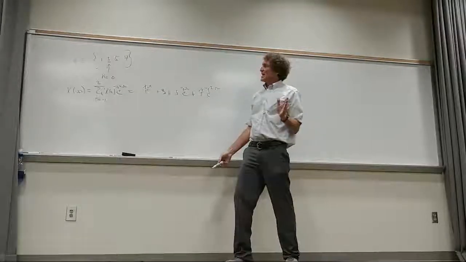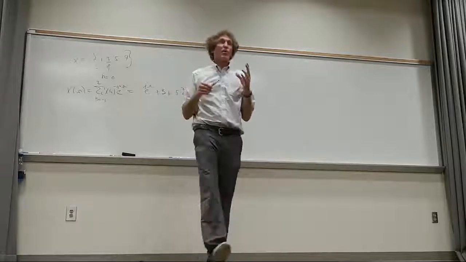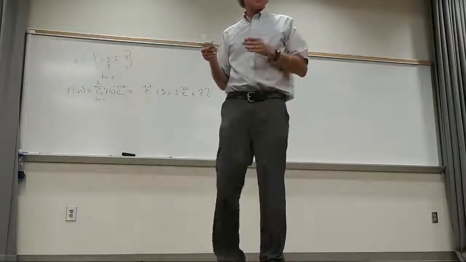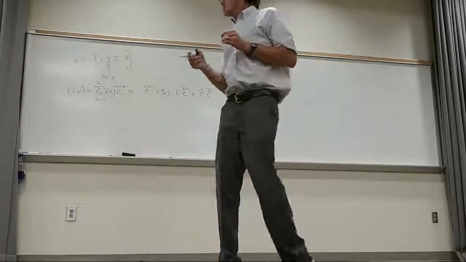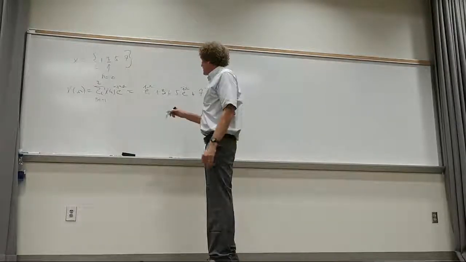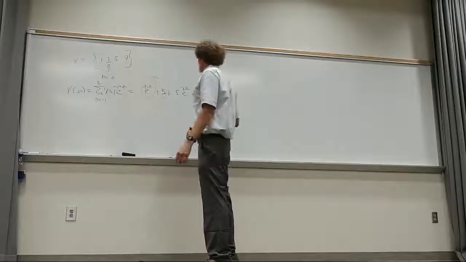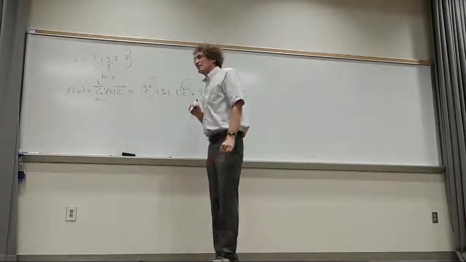Now the reason I can't do some tricky little sum thing is because these values aren't all 1 or all a to the n or something like that. They jump all over. So you do it this way. And for this one, just by looking, I can pull out a constant, 3. I see I have e to the plus j omega, e to the minus j omega times 5.